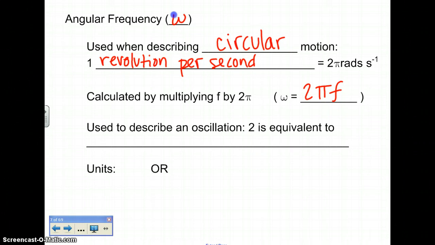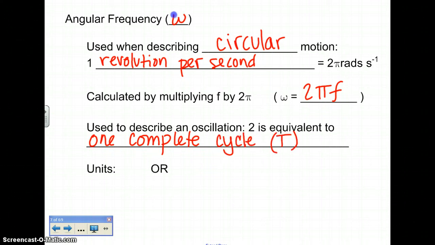So let's look at it when it's used to describe an oscillation. This means that the 2 pi is equivalent to 1 complete cycle. What would the variable be that you want to use to denote 1 complete cycle?